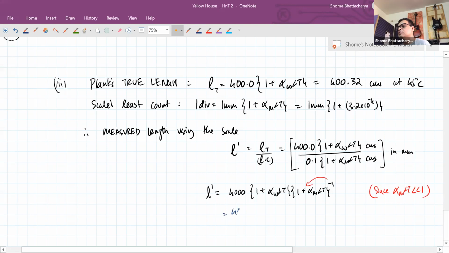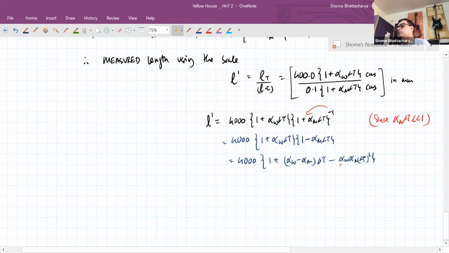So this becomes... Now further, this fourth term will become negligible because its order of magnitude is 10 raised power minus 11.